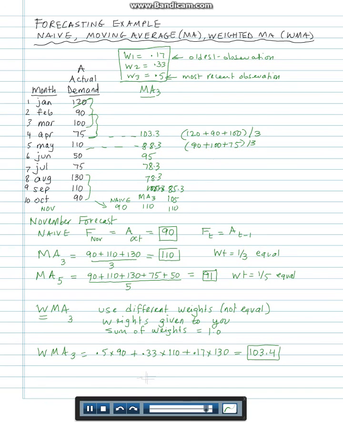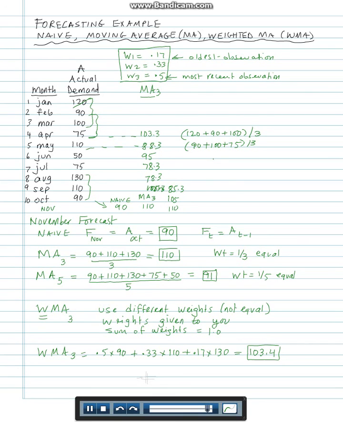In the example on Blackboard, I also did a 5-month moving average and a 3-month weighted moving average, exactly the same way. The question you have to ask is, how early can I start? For the 5-month moving average, the earliest you can start is June, because you have to wait until 5 periods pass.